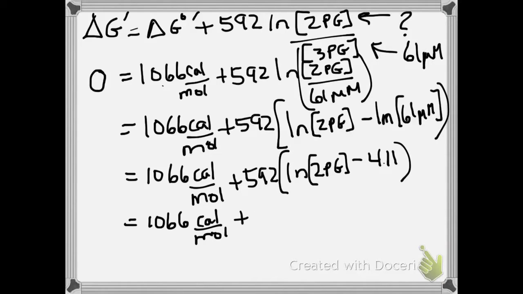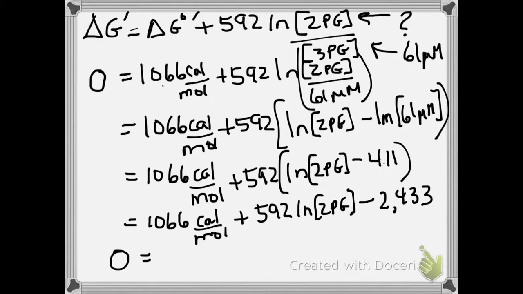We have plus 592 times the natural log of 2 PG, and then we have a minus 2,433. 0 equals minus 1367.